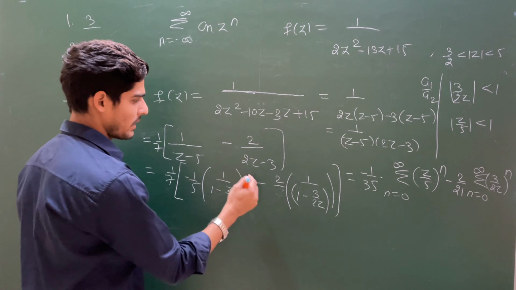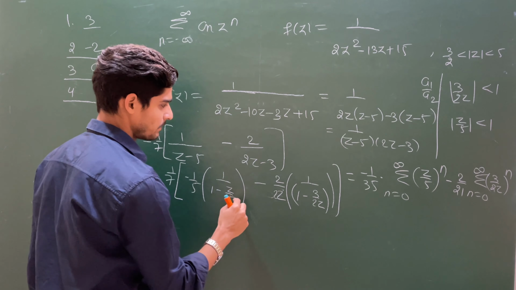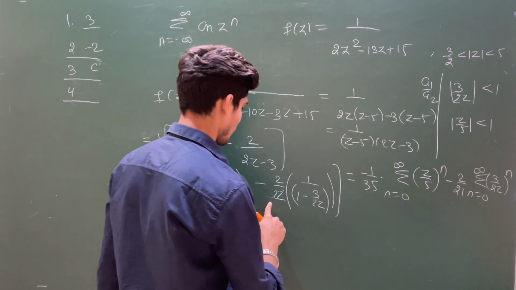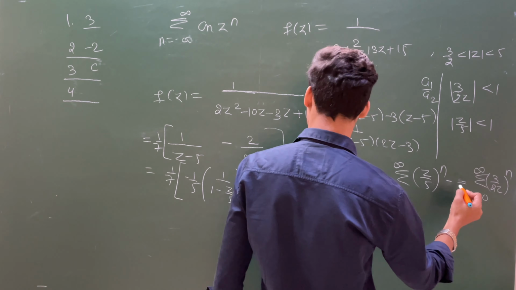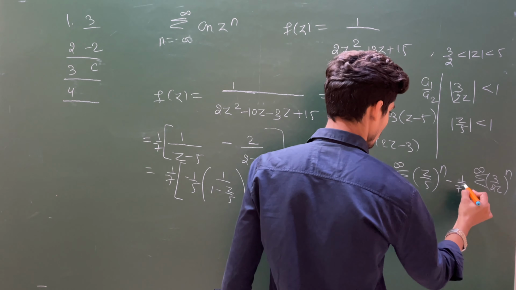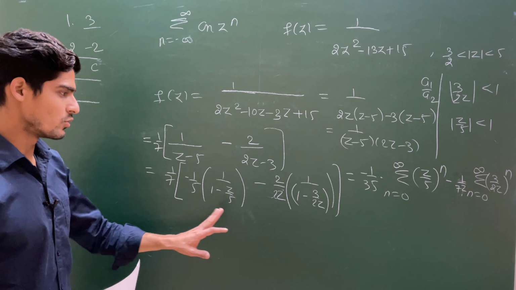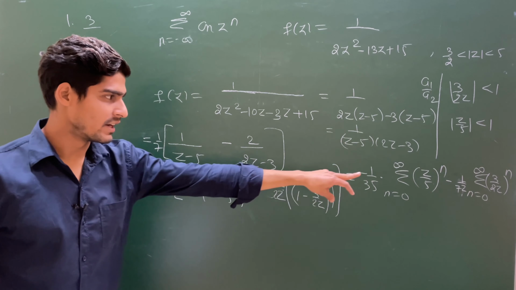I have to take common minus 2z. So not 21, I will have only 1 upon 7z. Now it is okay, because 2 will get cancelled out with 2. So 1 upon 7 into minus 1 will give me minus 1 upon 7.